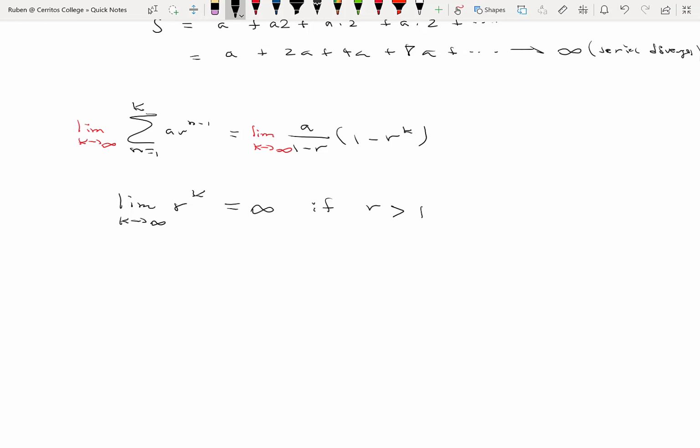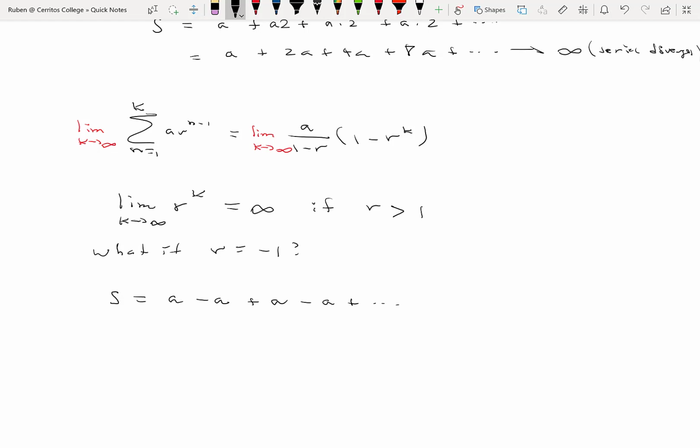Okay. We can make a similar argument for the rest of the possible values for R, and we'll do that real quickly. What if R equals -1? Well, if R equals -1, then your sum looks like A plus AR plus AR squared, -1 squared is 1, minus AR cubed, etc. You have A pizzas.